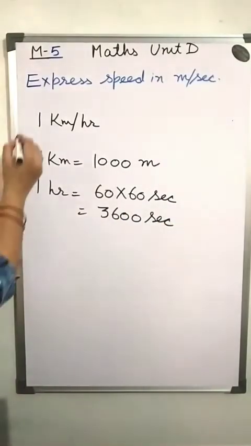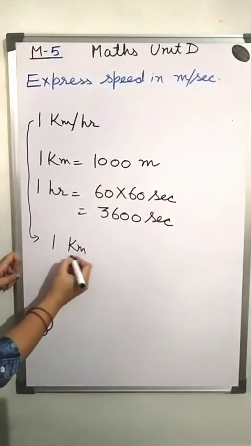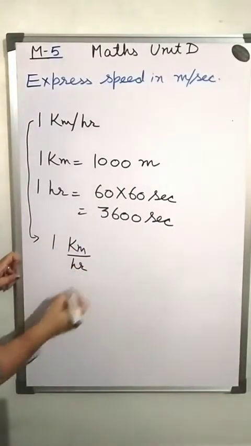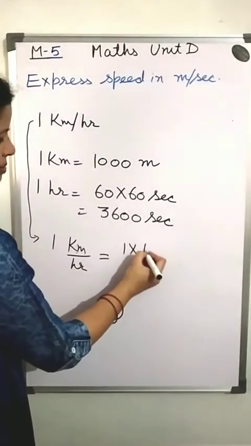Okay, now just come to this one, 1 kilometer per hour. This time I am writing like this. 1 kilometer is equal to 1000, so I multiplied 1 by 1000.